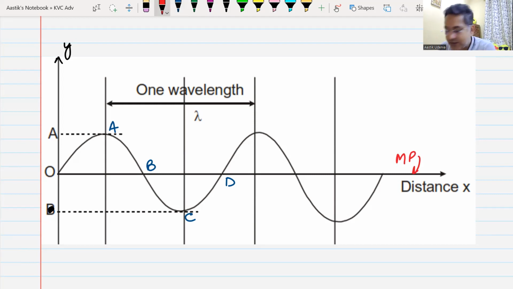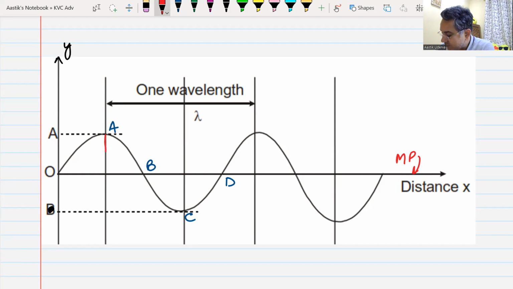From O to A, what is the direction of acceleration? Down or up? Towards the mean position. Down, sir. Which point will have maximum acceleration? A, sir.